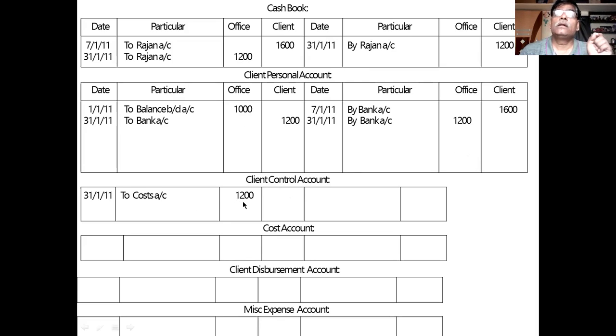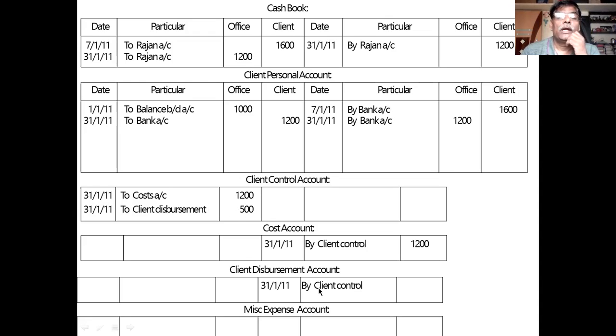This is the fee charged, received. And second is disbursement. You write these two on the debit side, then take on the credit side of the respective account. The cost goes to the cost account as by control account 1200, and disbursement goes to the disbursement account by client control 500. Okay, this is the point.